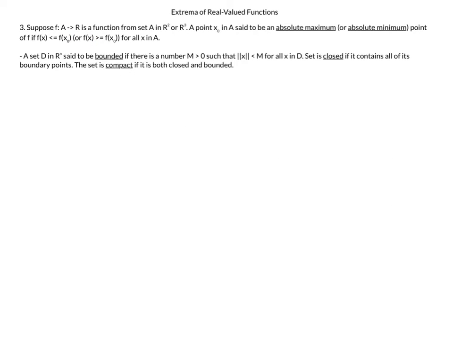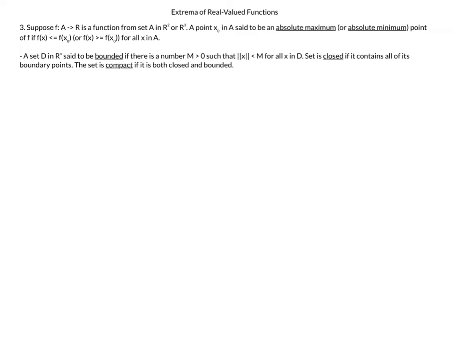Next we have the idea of a bounded set. A set D in Rn is bounded if there's a number m such that the magnitude of all of our x's is less than m. So there's an upper bound on x. The set is closed if it contains its boundary points. A set is called compact if it is both closed and bounded.